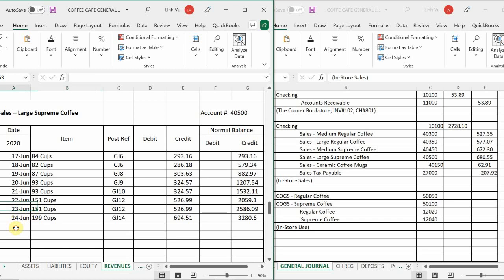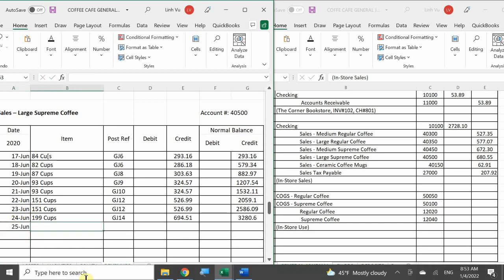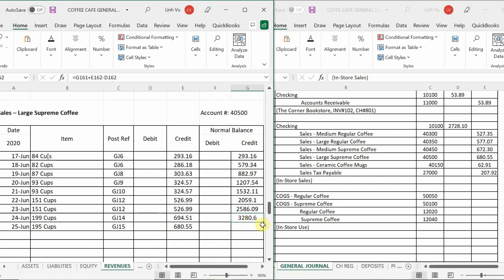And then large supreme cups. 195. $680.55. 3,961.15. Yeah.